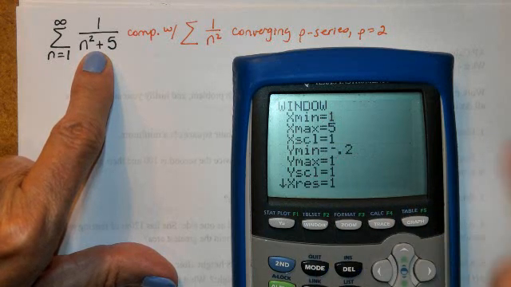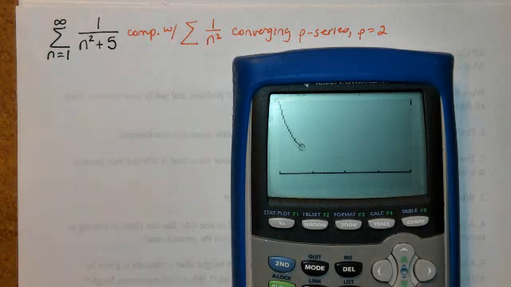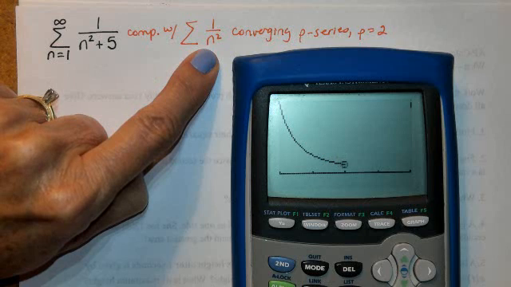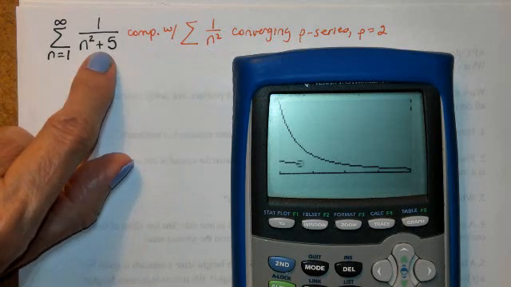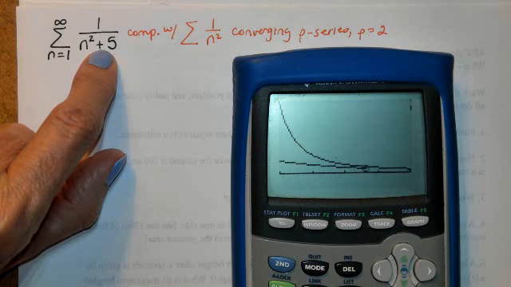Okay, I have my window set from yesterday. So there is 1 over n squared. It's going to 0, and it's going to 0 fast enough to converge. Here's the 1 over n squared plus 5. It's also going to 0, isn't it?